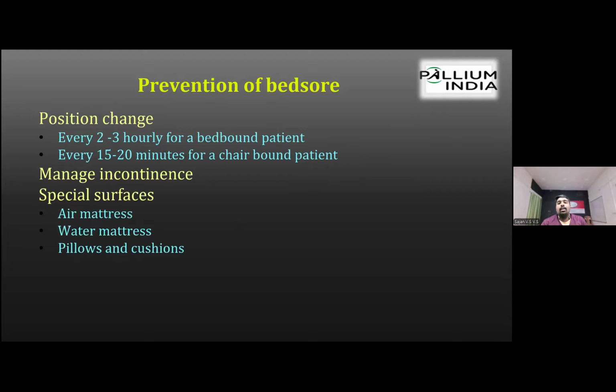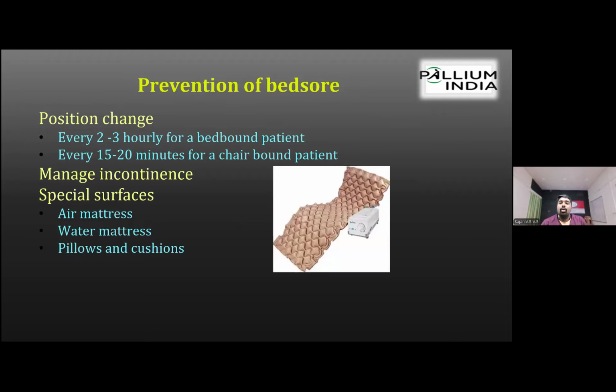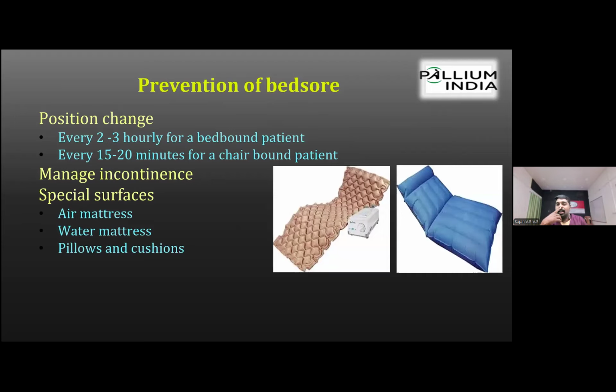In addition to that, bowel and bladder incontinence management is very important. Then special surfaces like air bed, alpha bed or water mattress. We are also promoting air mattress or alpha bed, and they can use this type of mattress. But we need to convey the point: this is not a preventive thing. It's only a comfort device.